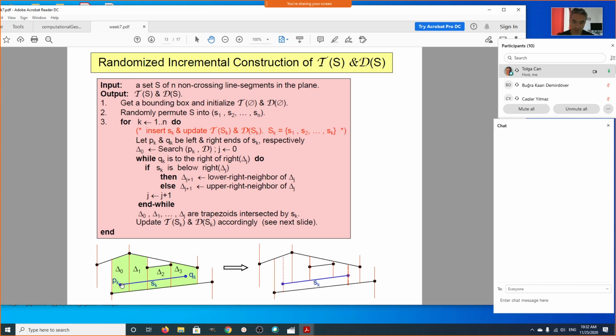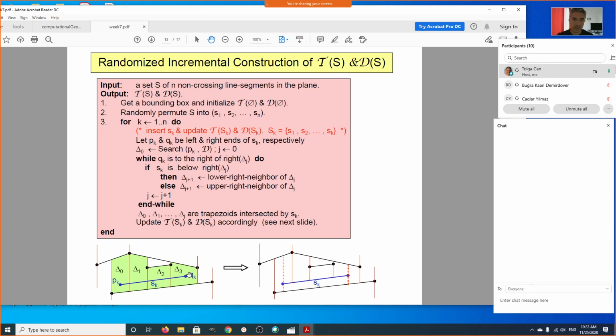And my goal is that only the trapezoids that are intersected by the entire line segment are going to be affected, both in the trapezoidal map and in the search structure. The other parts of the trapezoidal map or the search structure that are not intersected by our new line segment that we are currently inserting are not going to be affected at all.